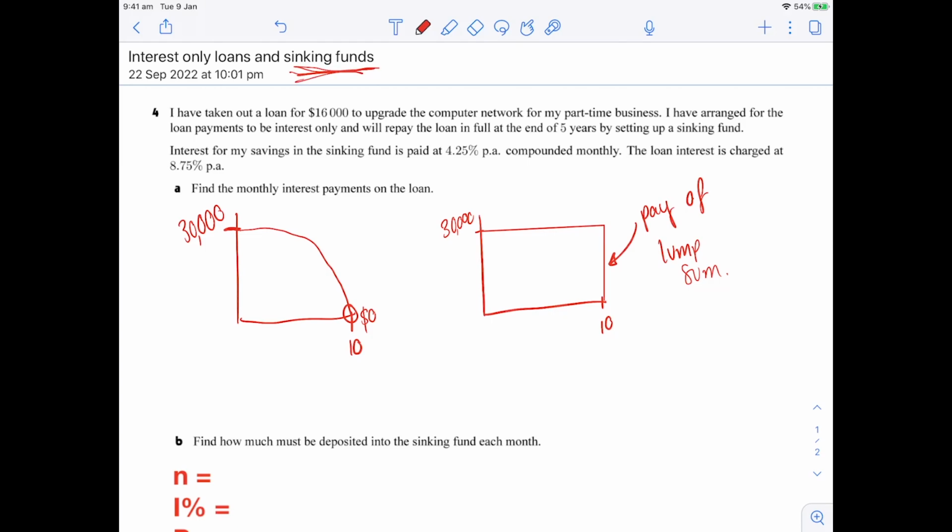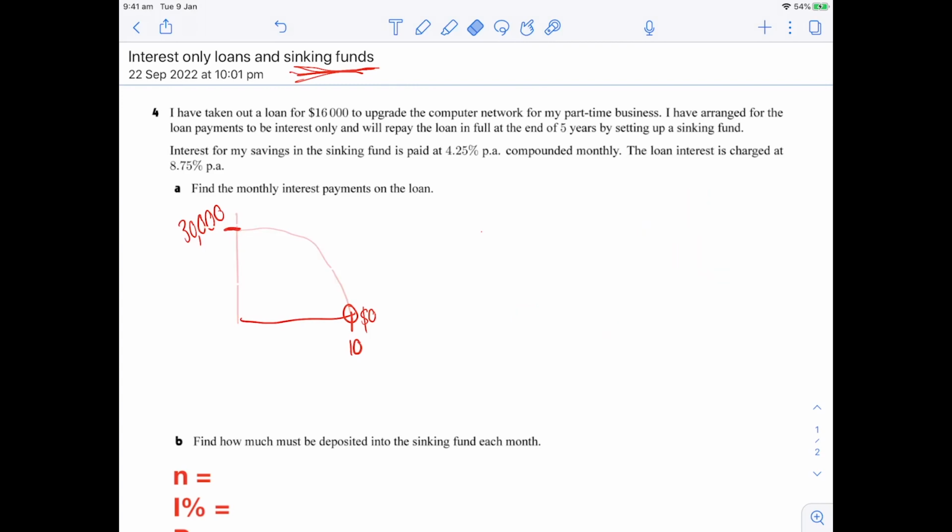So a sinking fund essentially is a savings account, but for a specific purpose. So you would have a savings account and it is specifically for whatever your loan is, whatever you took the loan out for. So let's do a question and hopefully it makes a bit more sense when we put it into context.